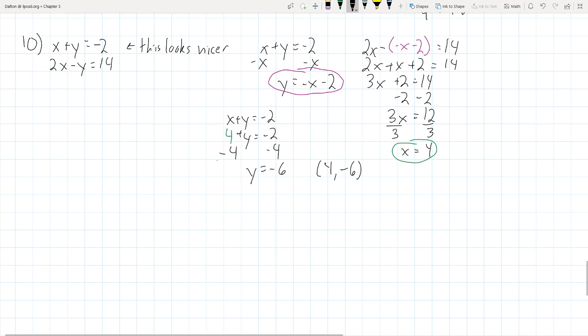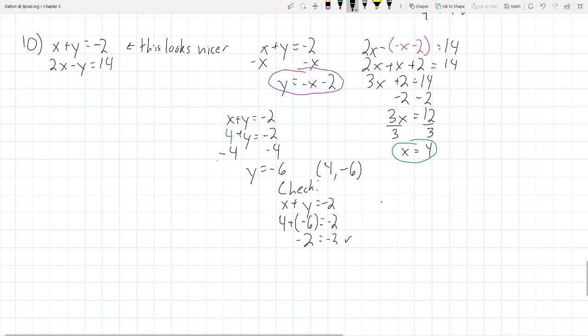Now we want to go in and we want to test that. So if I have x plus, we'll put check above this. There we go. x plus y equals negative 2. My x is 4 plus my y, which is negative 6, needs to equal negative 2. 4 plus negative 6 is negative 2, so negative 2 equals negative 2. Yay, it worked.